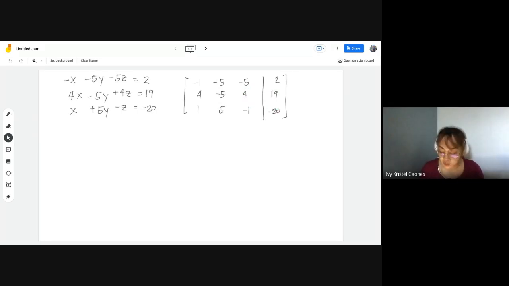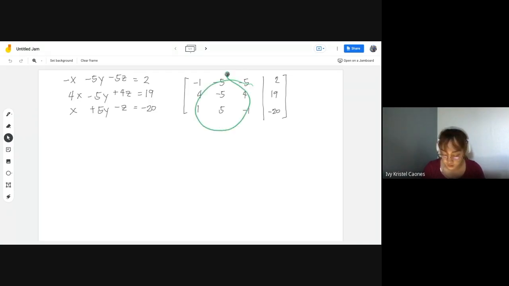In Cramer's rule, this is your coefficient matrix. This is your column vector or column matrix. The first step in Cramer's rule is to get the determinant of this one. Then if you're going to find the value of x, disregard this column, replace it by this one, then get the determinant and divide it by the determinant of the coefficient matrix.